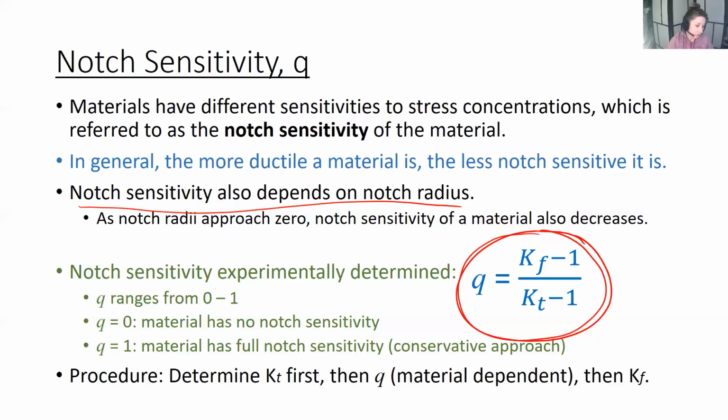It ranges from 0 to 1. When q equals 0, your material has no notch sensitivity, and when q equals 1, the material has full notch sensitivity. This would be the conservative approach, but it's not what we usually use. We go through the process to figure out what our Kf is through q. So procedure: determine Kt first, then q, which is material dependent, then Kf.